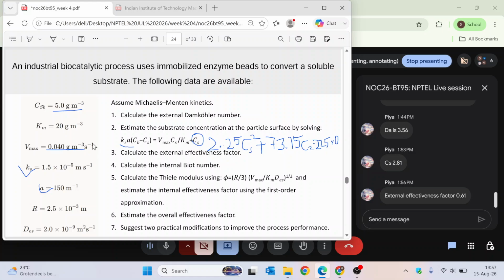I hope you are able to solve until now. If there are any difficulties, please let me know. I'm assuming that you are able to solve.